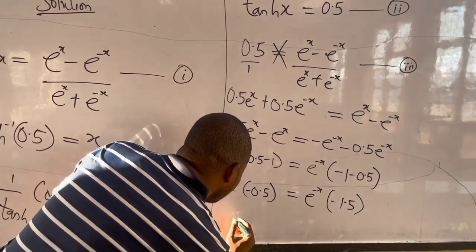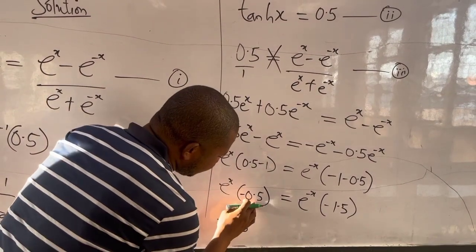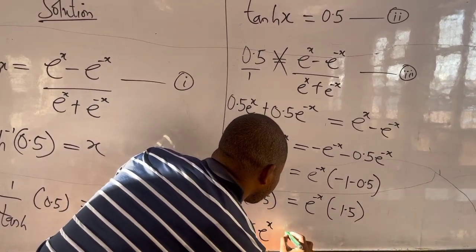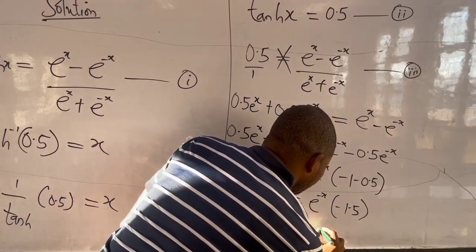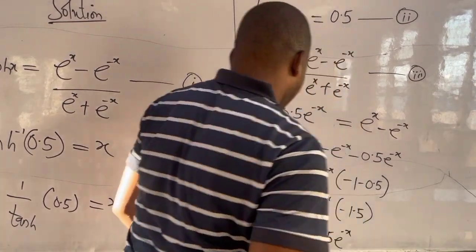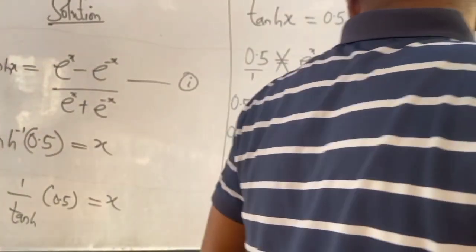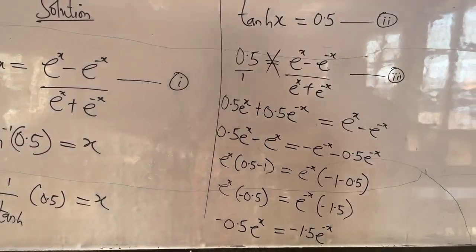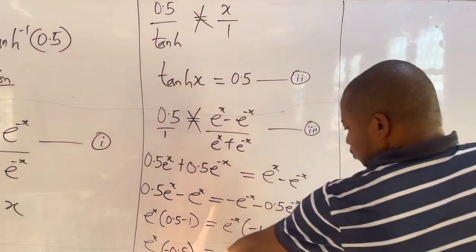Now, by virtue of this, we are multiplying this with this. So this one gives me minus 0.5. That is to say, minus 0.5 exponent x is equal to minus 1.5 times this, you give me minus 1.5 exponent negative x. So at this point, what do we do?